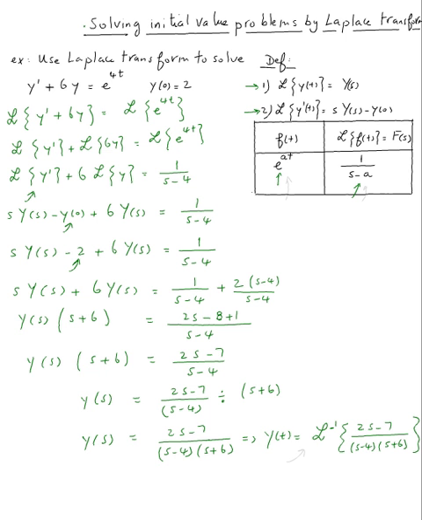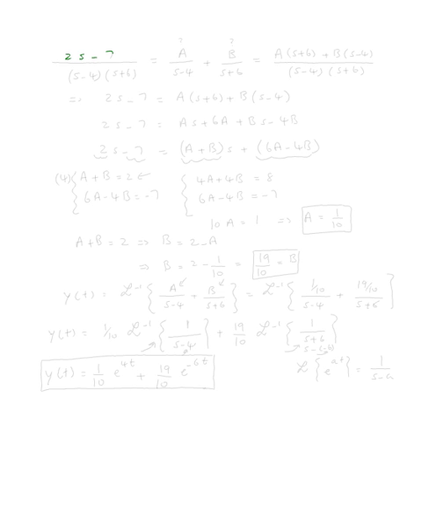So 2s minus 7 over s minus 4 times s plus 6. Since we have linear factors in the bottom, we write it as A over s minus 4 plus B over s plus 6, and we're supposed to find A and B.